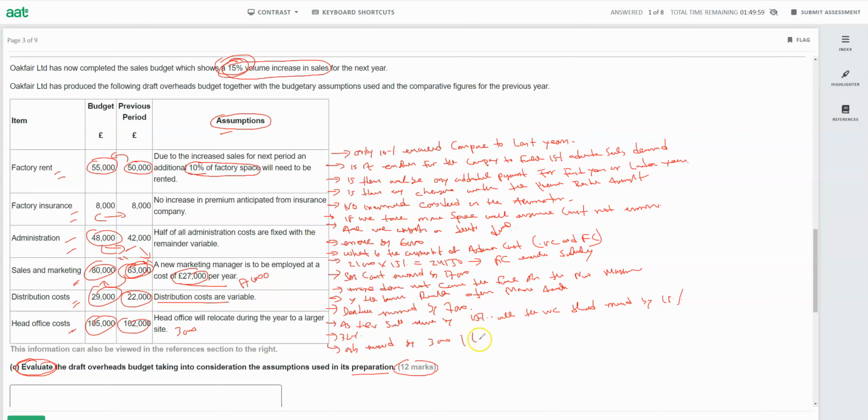Then we'll say large office should increase more cost. Then you can say, are we expecting better deal? So you are not saying anything you're right or wrong, but we are basically discussing all the pros and cons. This is the evaluation, the assumption of the budget.